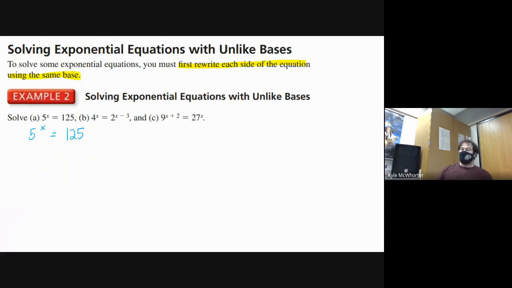You can just use that list as a reference, and any number you see on that list, you can rewrite as a power, right? 125 is 5 times 5 times 5. So we can rewrite the 125 as 5 to the third power. And now we have an equation that has same bases, so the exponents have to be equal, so then x has to equal 3.